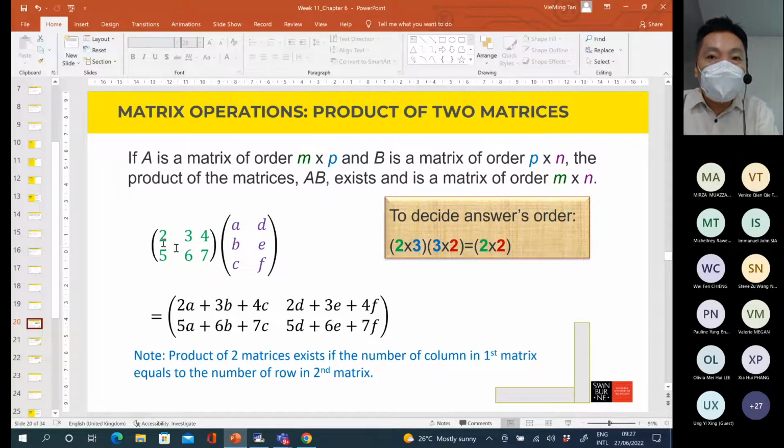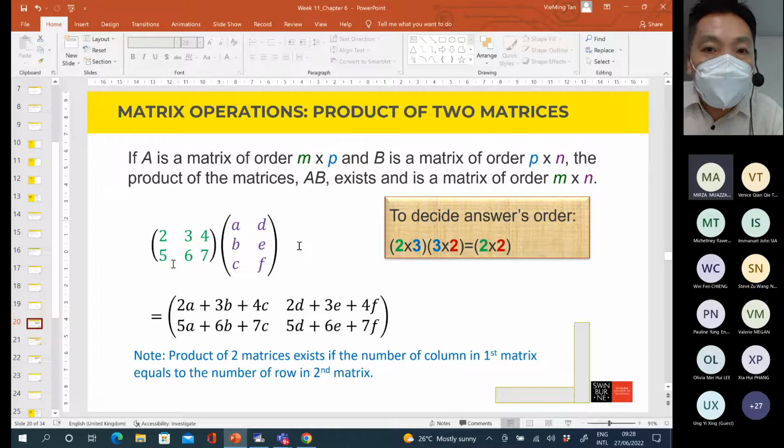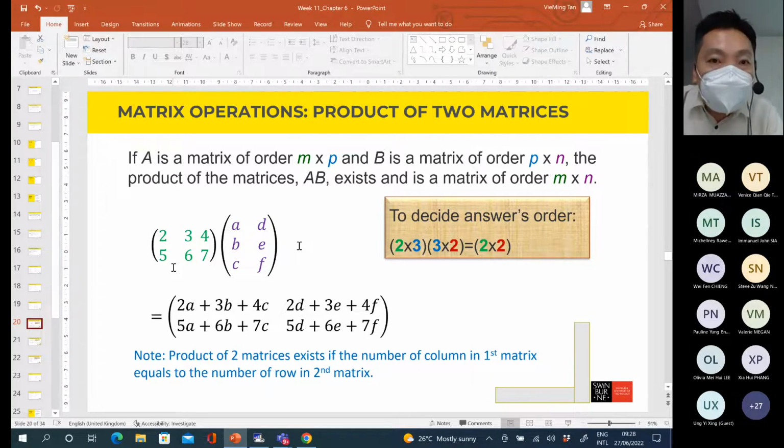Assume that now matrix A is equal to this. This is matrix A. This is matrix B. For matrix A, how many rows and columns? We may find that there are 2 rows. And how many columns? 1, 2, 3, 3 columns.